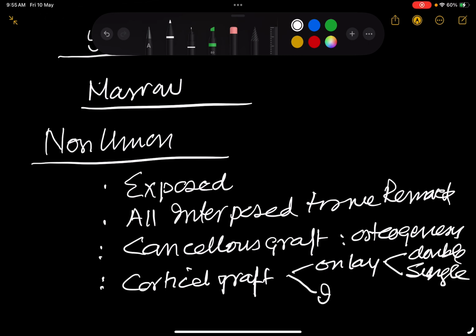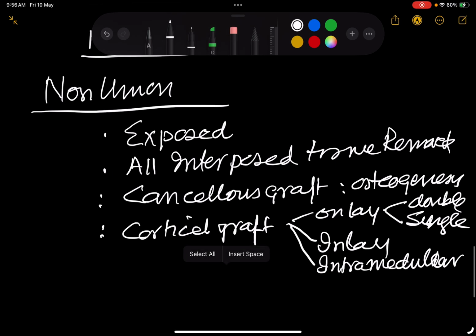Inlay or intramedullary. And this can be fibula. Okay? Yes, sir. And sometimes this can be vascularized fibula, like that tibial union that we saw, where I told you how to transfer the vascularized fibula to correct the gap, right? Cortical graft.